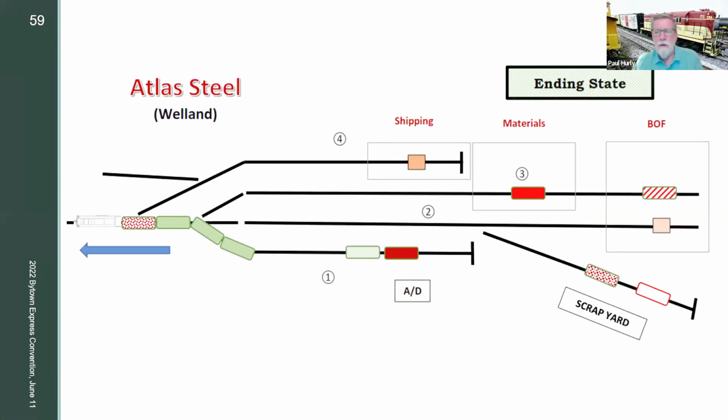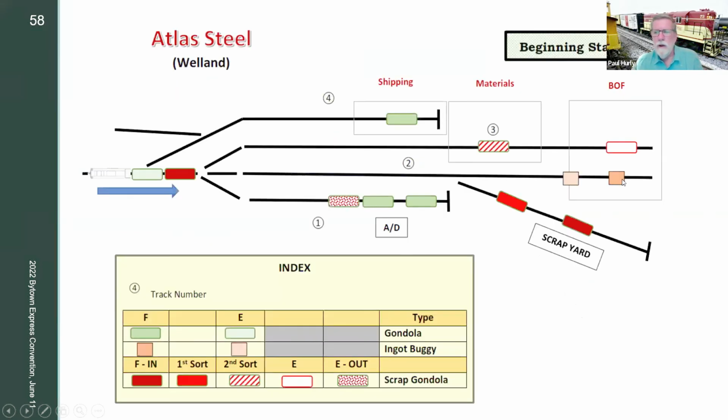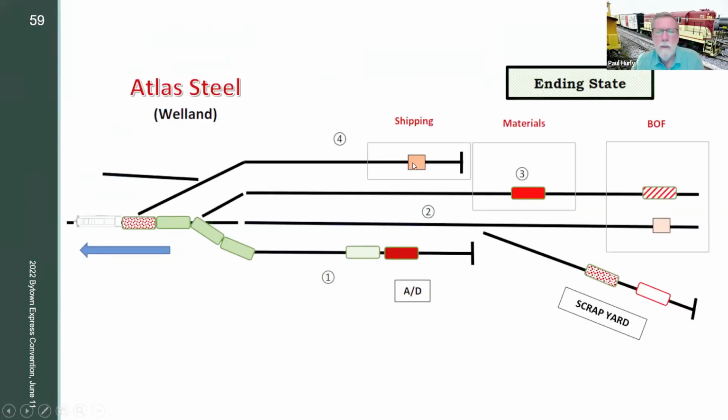So one of the swaps that you may see is that the loaded gondola from the shipping has been removed and ultimately added to the consist here. That creates space for the previously loaded buggy, or ingot buggy, to move up to shipping.